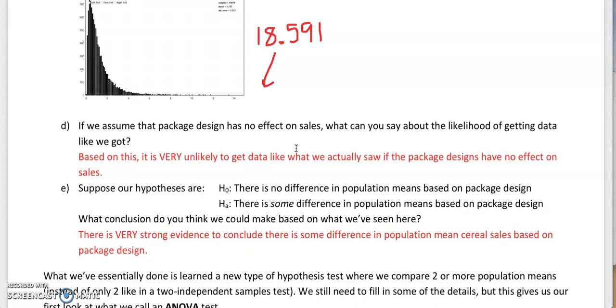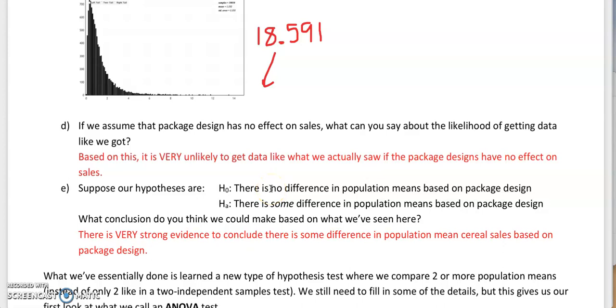So we can now bring this back to the general concept of hypothesis testing that we've worked with throughout the semester. Let's say that these are my two hypotheses. My null model says there is no difference in population mean sales based on package design. And my alternative model says there is some difference in population means based on package design. Well, we saw something that would be very, very, very unlikely if the null model is true.